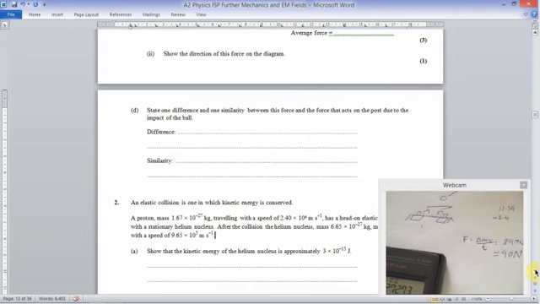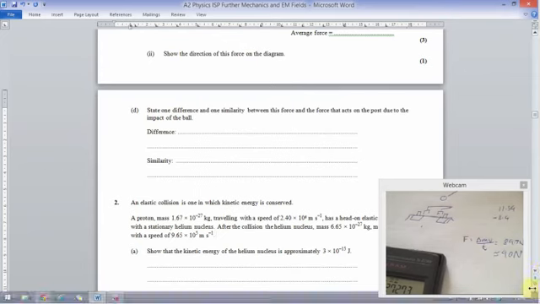So opposite direction, acts on different bodies is fine, that's in the mark scheme. Same type of force, same size, acts on the same line of action. And they also have the same size impulse as well. So that's question 1 complete.